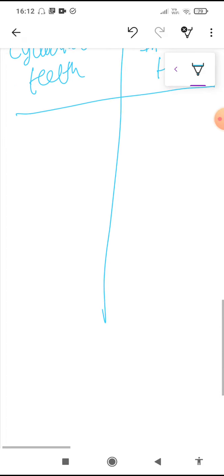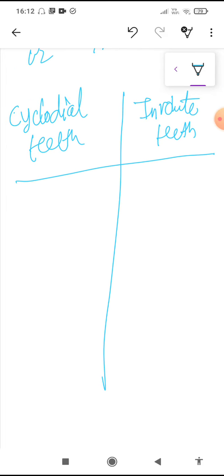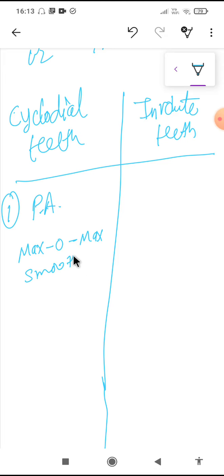So let's start the comparison. The first point here is the pressure angle. In cycloidal teeth, the pressure angle varies from maximum at the beginning of the engagement, reduces to 0 at the pitch point, and again increases to maximum at the end of engagement, resulting in smooth running of the gears.